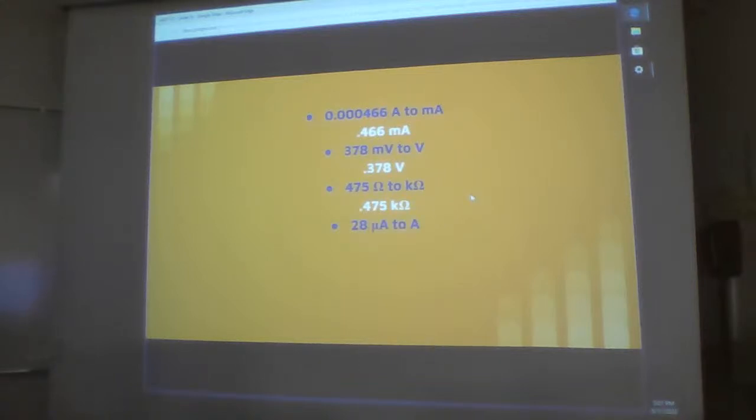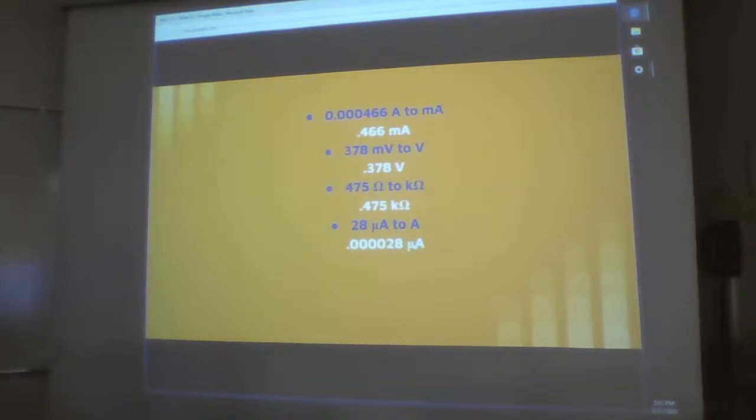28 microamps to amps. So micro is 1 over 1 million, 1 millionth. So we multiply 28 by 1 over 1 million. And that would give us 0.000028 microamps. I'm sorry, amps. That's converted to amps.